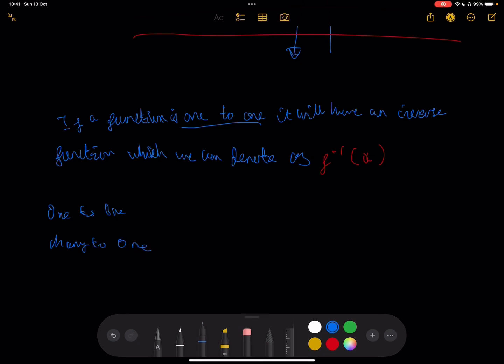As discussed in the last video, many-to-many and one-to-many don't work, as they won't pass the vertical line test, therefore fail and are not considered functions. However, one-to-one and many-to-one are the two that actually pass, so these relationships are called functions.